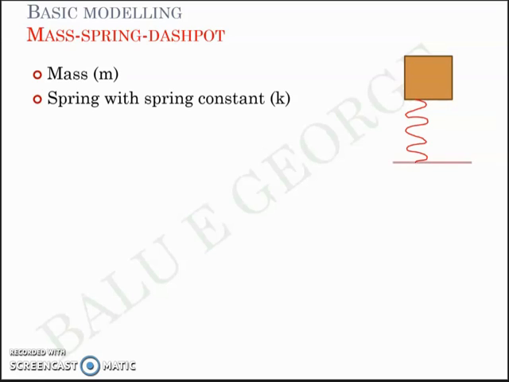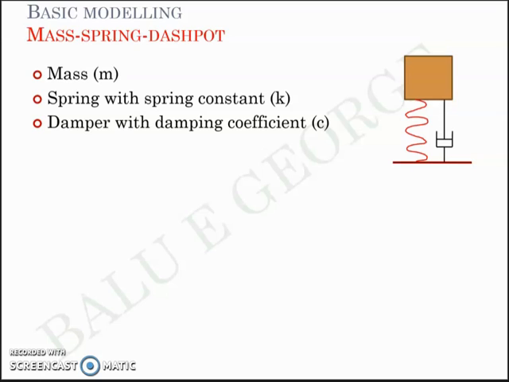It has a spring constant k like this, and it has what is called a damper with a damping coefficient c, like this, right? So there's a mass, there's a spring, and there's a damper. Mass as a unit m, spring constant k, and damping coefficient small letter c.